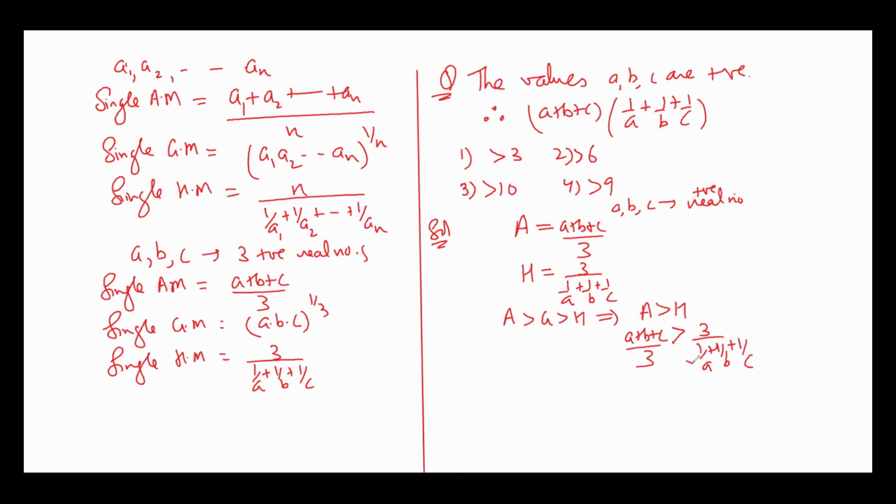Now what we do, take this to this side and this to this side. Now what is your answer? 3 into 3, 9. So my answer is the fourth option. Okay, this is how we use the property A greater than G greater than H.